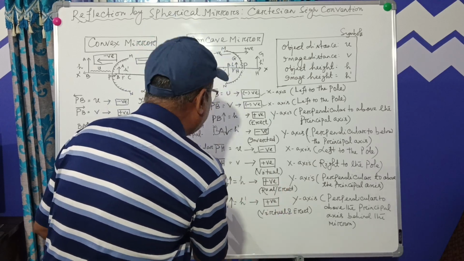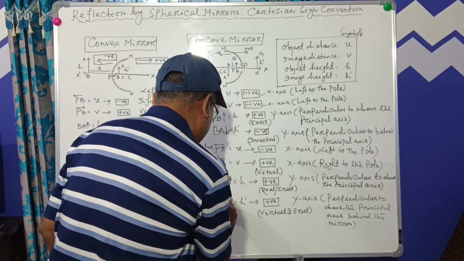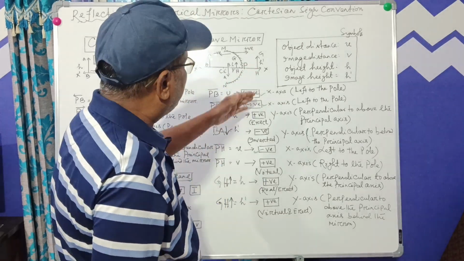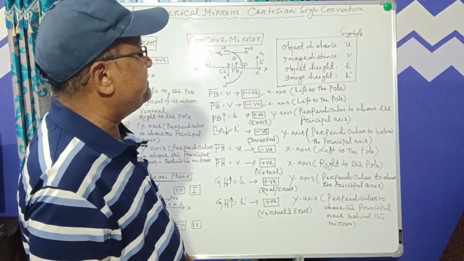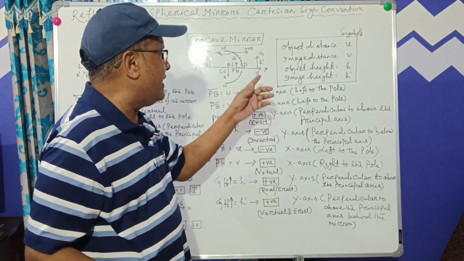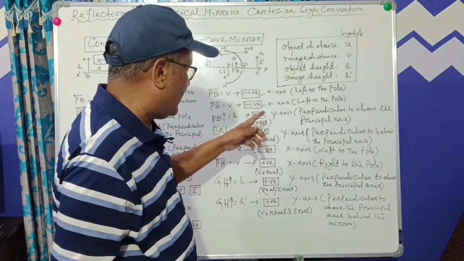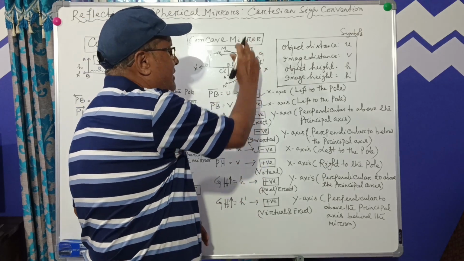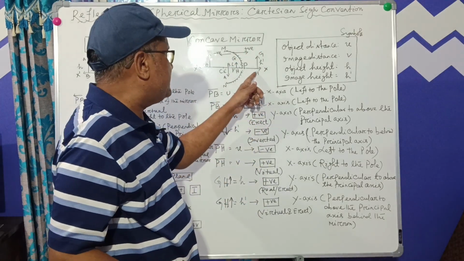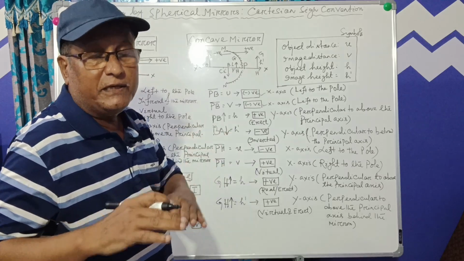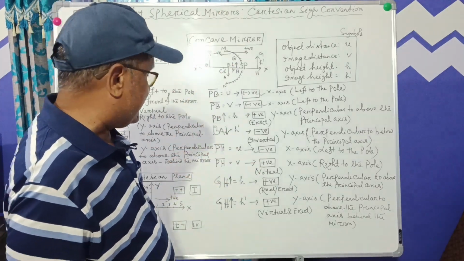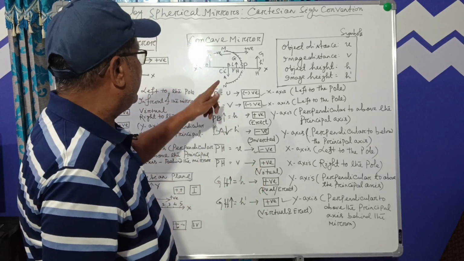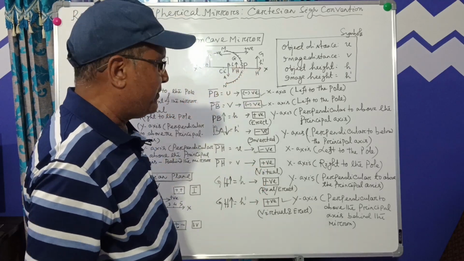But here the image is also GH, and the image is enlarged, virtual and erect. Actually it is upright, meaning it is perpendicular to the principal axis and above the principal axis. So that is also positive. Okay, here also positive and here also positive.